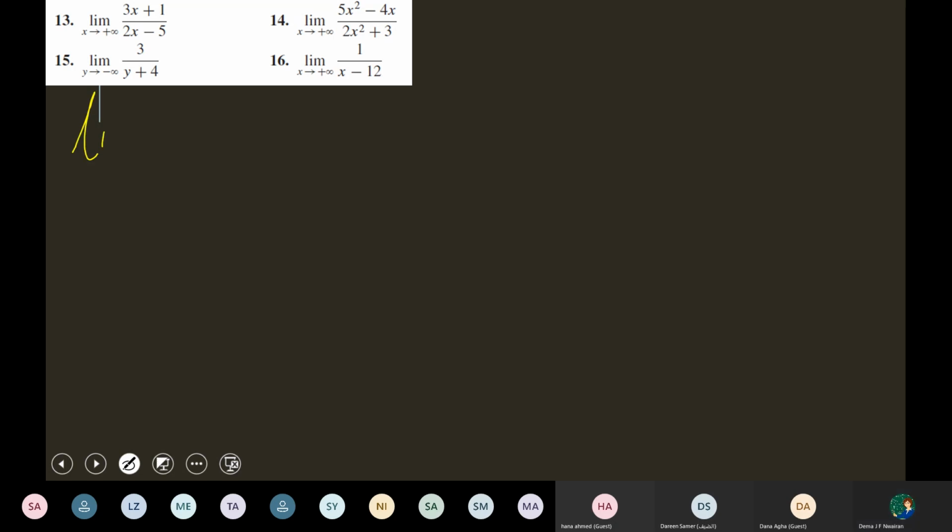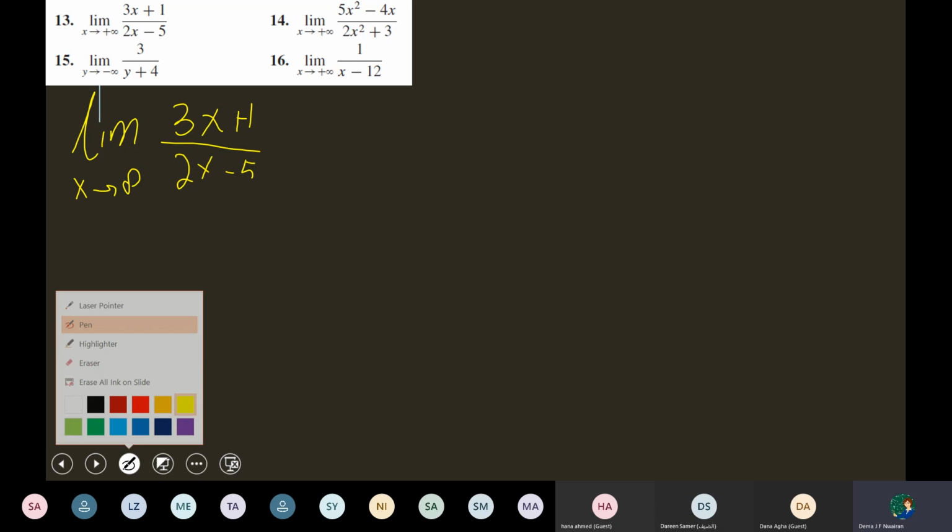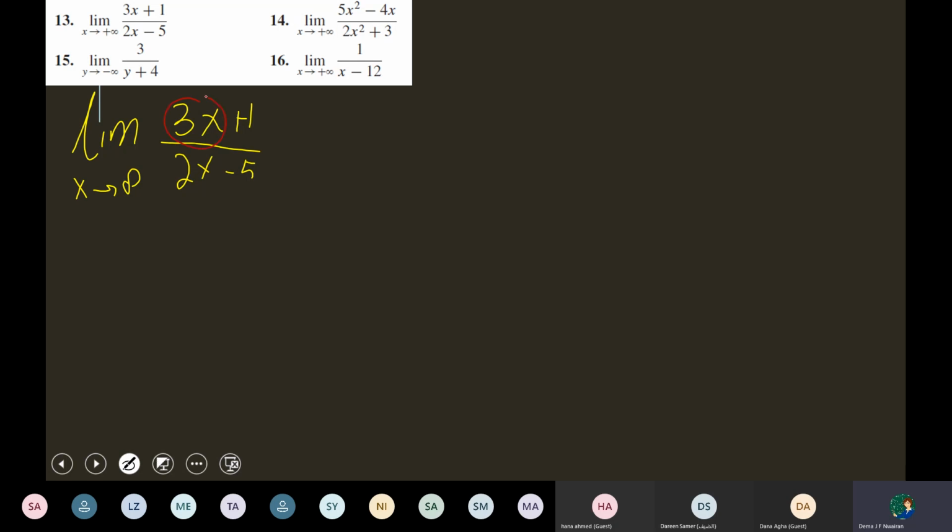The limit of 3x plus 1 over 2x minus 5 when x approaches infinity. Now, what is the greatest power in the numerator here? It's 3x. And in the denominator, it is 2x.